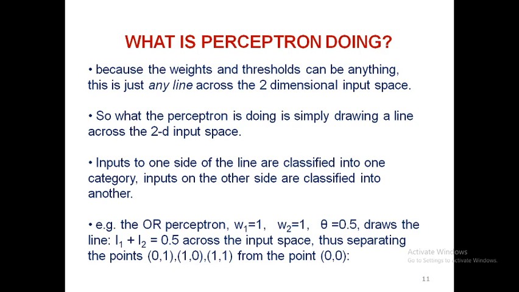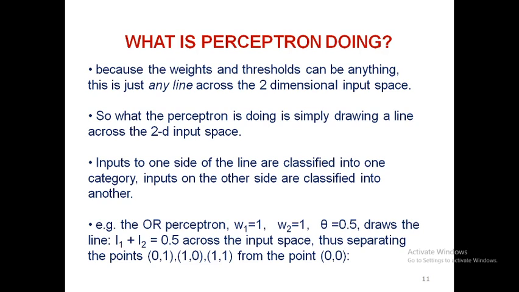Inputs to one side of the line are classified into one category and inputs to the other side are classified into another category, which is the firing and not firing category. As an example, let us take our perceptron with W1 equal to 1, W2 equal to 1. The corresponding threshold value I have taken here is 0.5. The weights and threshold may be anything.